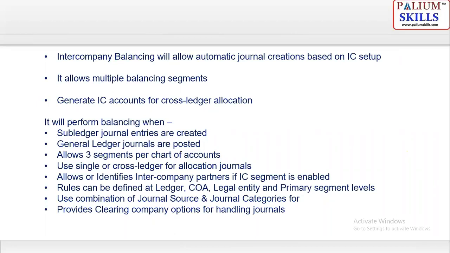It will identify intercompany partners if intercompany is enabled. You can have rules defined at the ledger, chart of accounts, legal entity, and primary segment levels, and you can use a combination of journal sources and journal categories for providing clearing company options for handling journals. Clearing company is something like the shared services: you do the transaction against the shared service and from the shared service to the other journal.